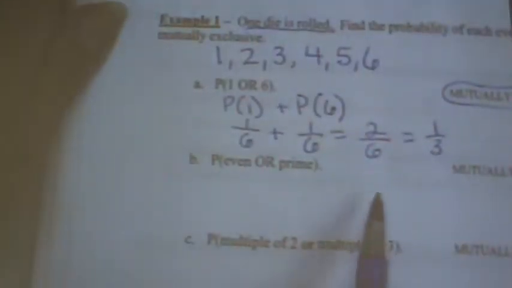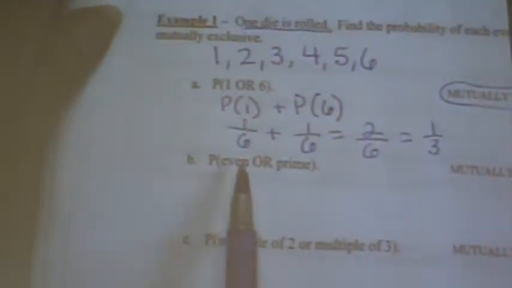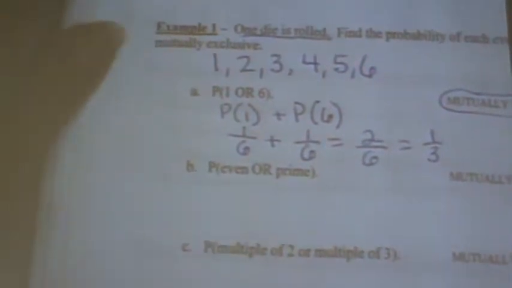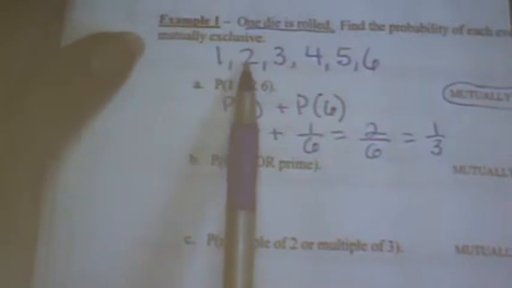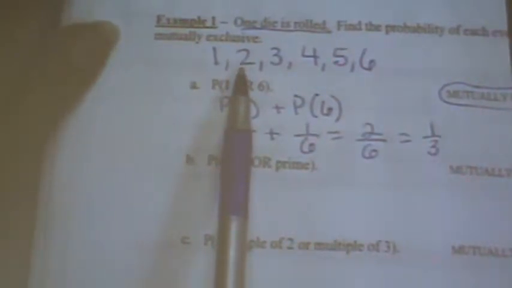Now think about this question. Is it possible to get, now what are the numbers on a die? 1, 2, 3, 4, 5, 6. Can you get an even and a prime number at the same time? Yes, you can. I'm pointing to it right now.